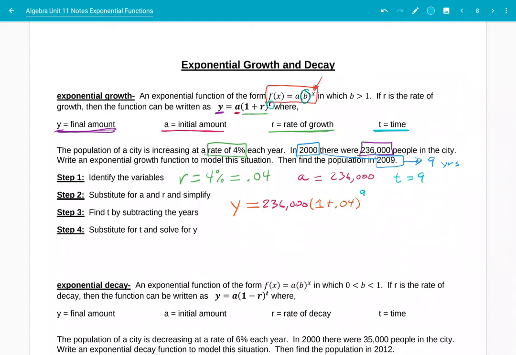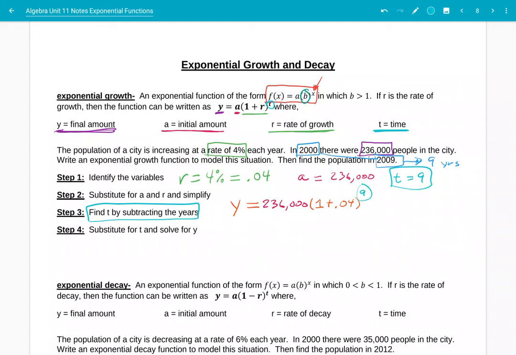Okay, so substitute for A and R and simplify. What we're going to do here is simplify inside the parentheses there. We found T by subtracting the years, so we did that already. Find T by subtracting the years. We did that over here.